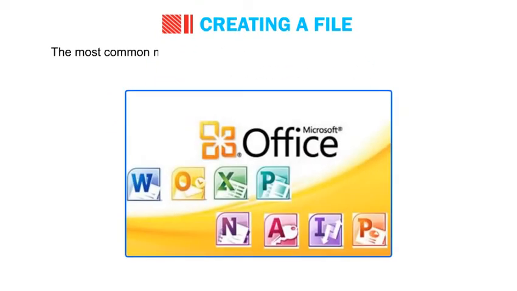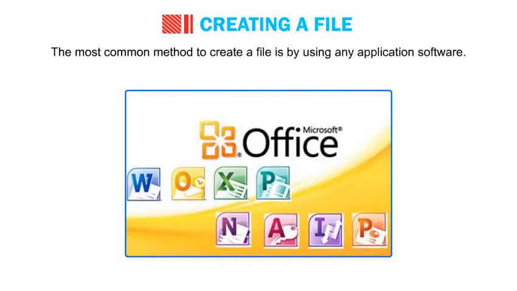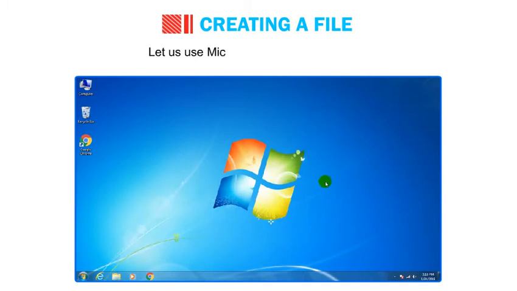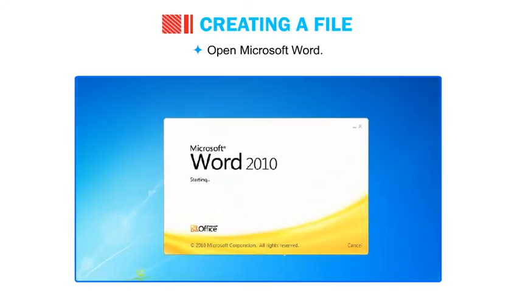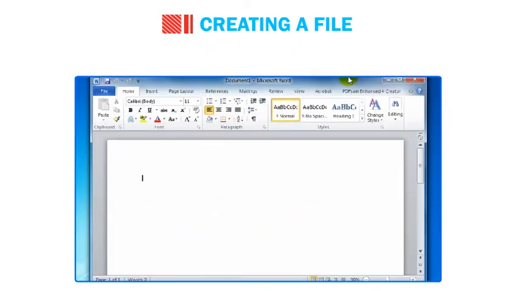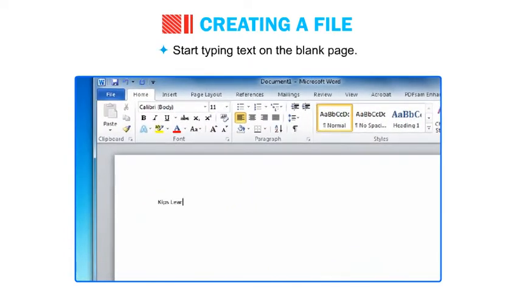The most common method to create a file is by using any application software. Let us use Microsoft Word to create a file. Open Microsoft Word. A blank page is displayed on the screen. Start typing text on the blank page.